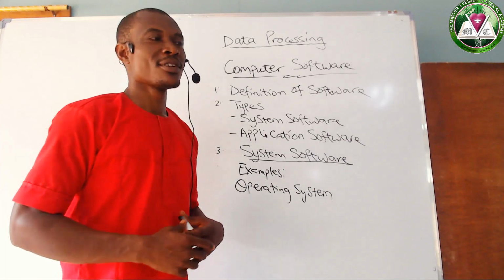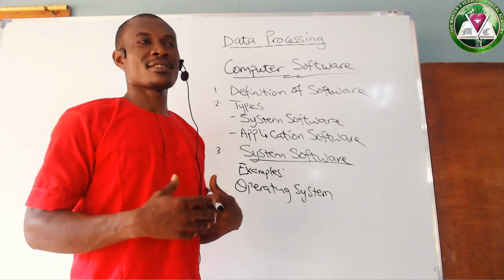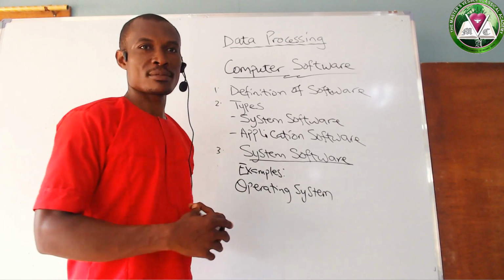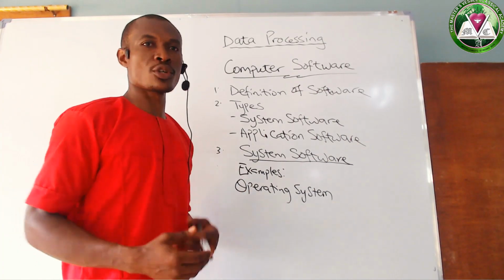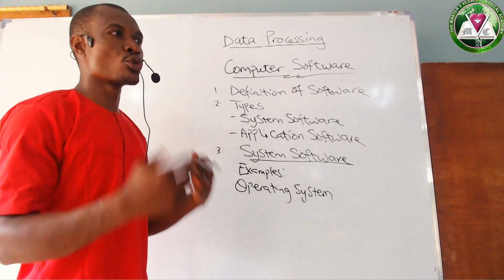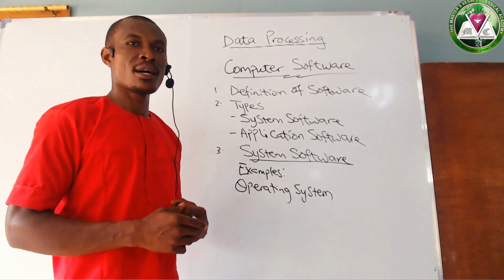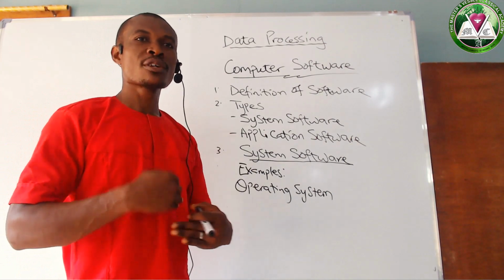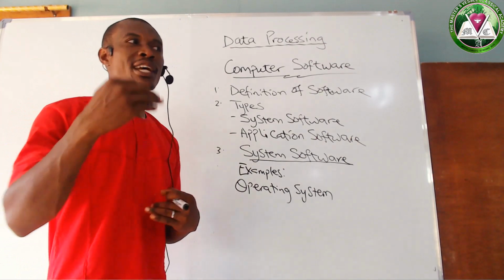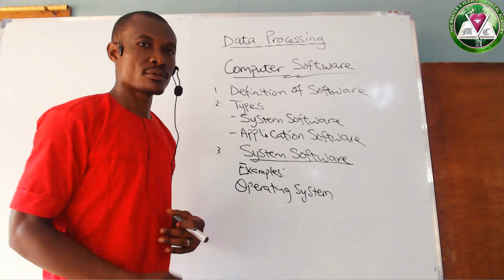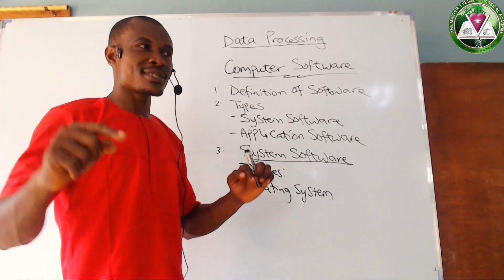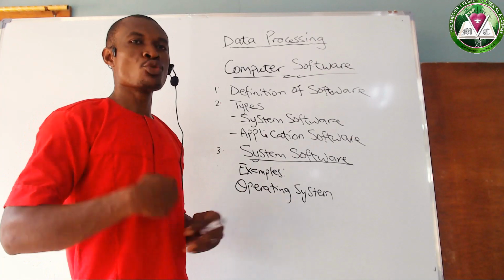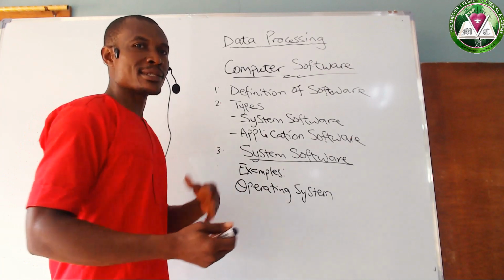The operating system is the major program that controls the hardware. It's a set of logical instructions that controls the hardware and also creates a platform for other application programs to run. The operating system also creates an interface between the computer system and the user.